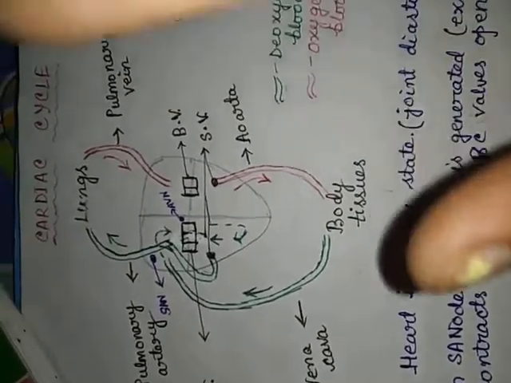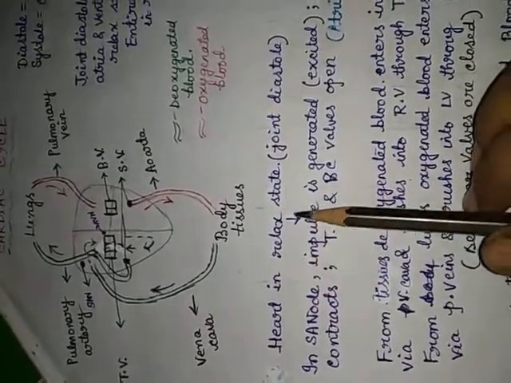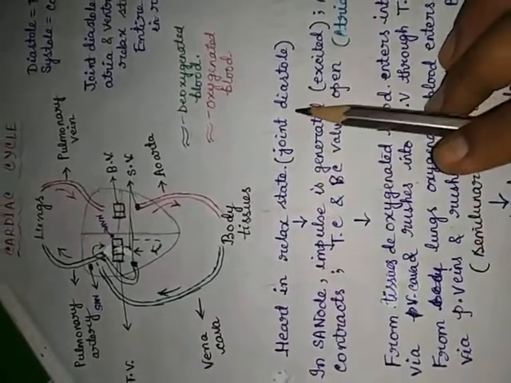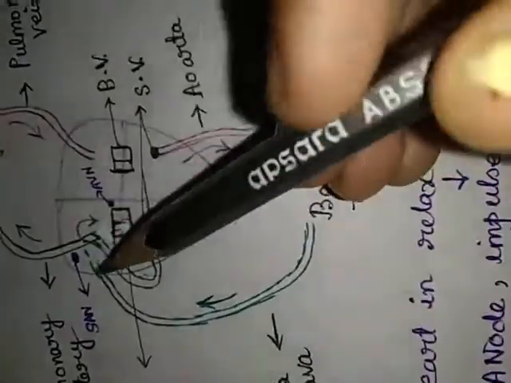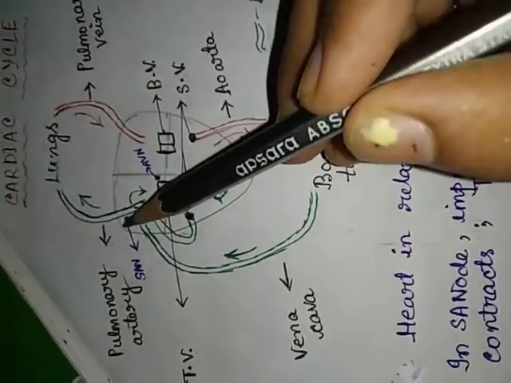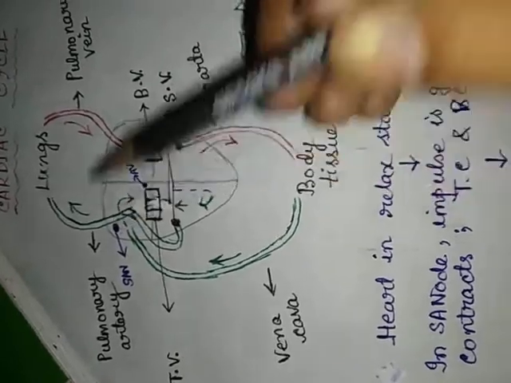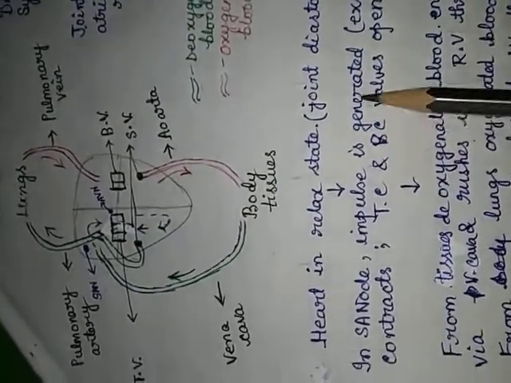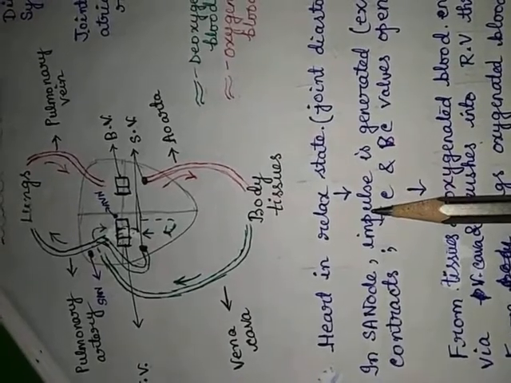Okay, let's start. First, the entire heart is in a relaxed state, that is, in joint diastole. Clear? Then here we know there is a muscular node present, which is called the SA node. First in the SA node, an impulse is generated, meaning it receives some stimulus.